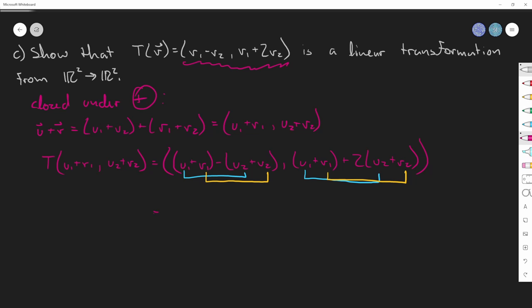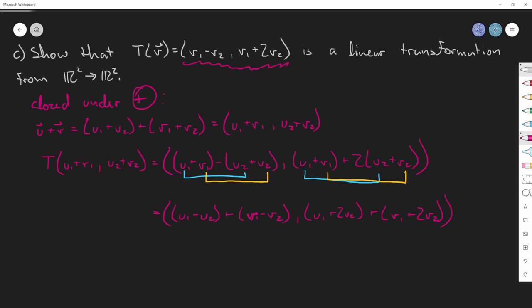And so we now have u1 minus u2 plus v1 minus v2, and then over here we have u1 plus 2u2 plus v1 plus 2v2.